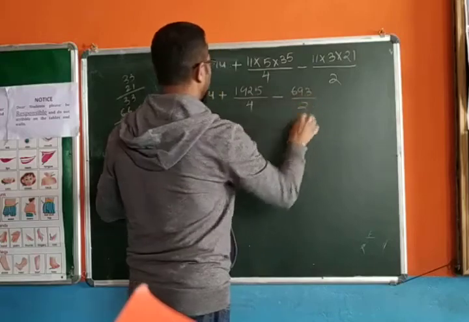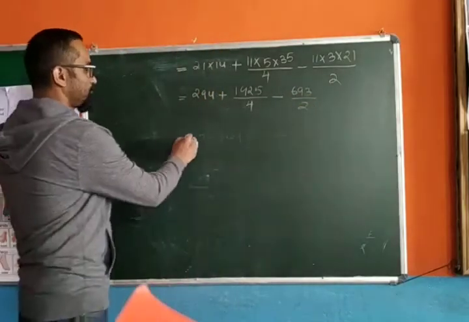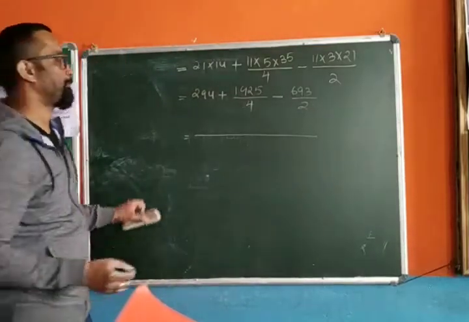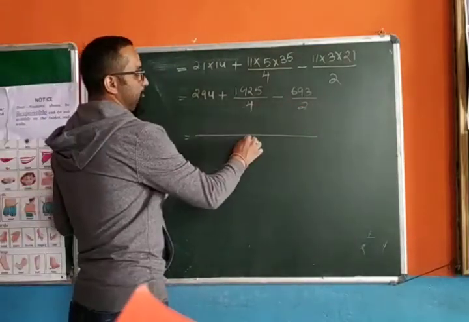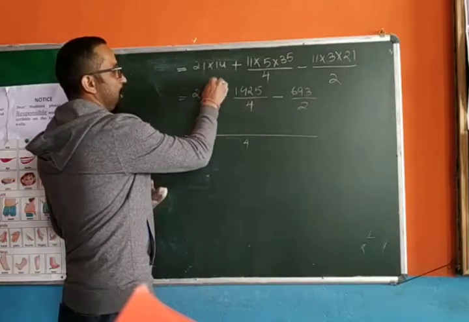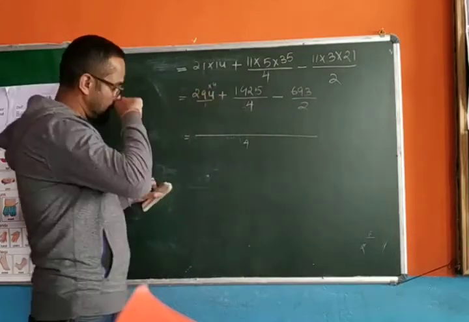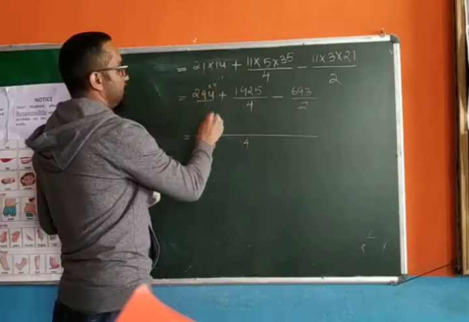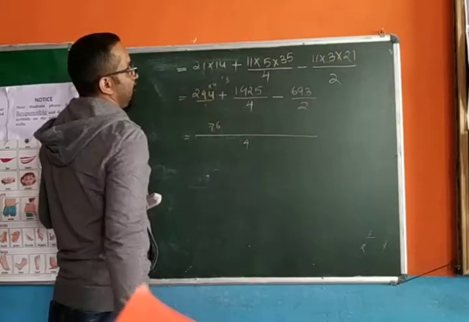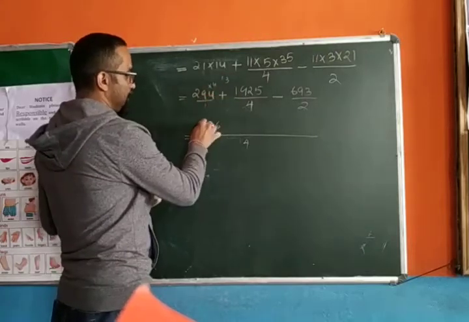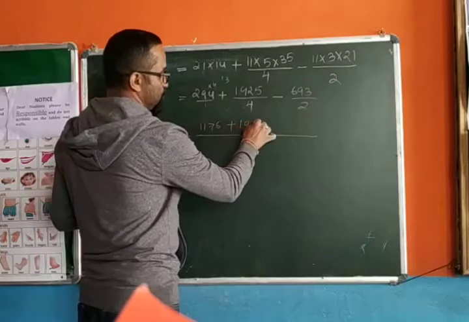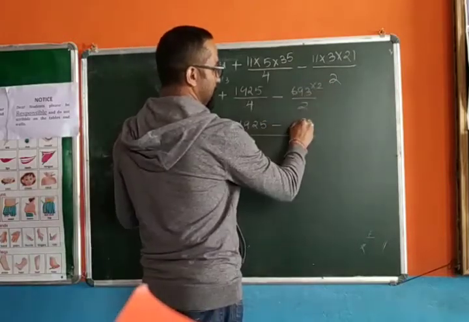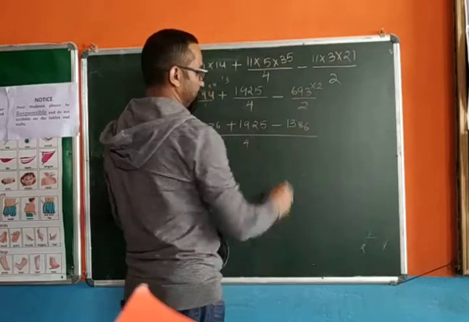Take LCM now. Long calculation, so you need to have patience. LCM is 4. Multiplies here because the denominator is 1. 294 times 4 is 1176. Plus 1925 minus 2 times 693, which is 1386.